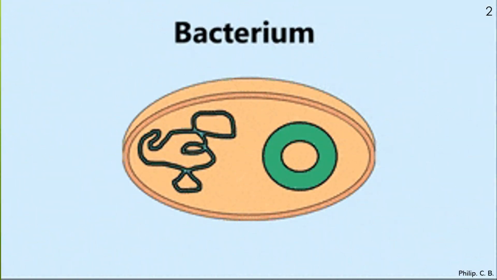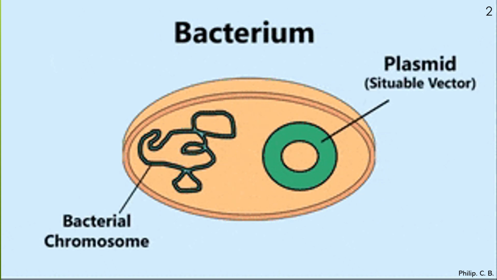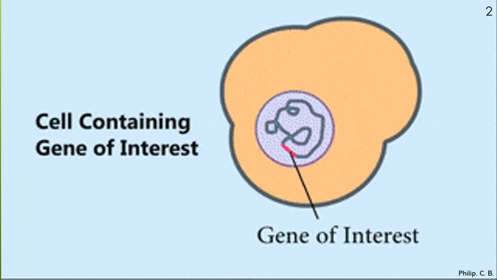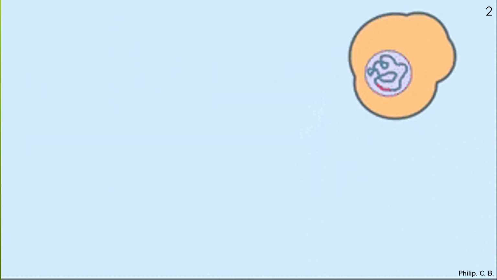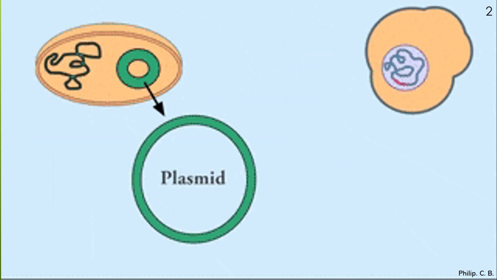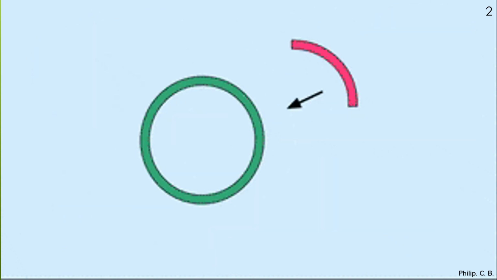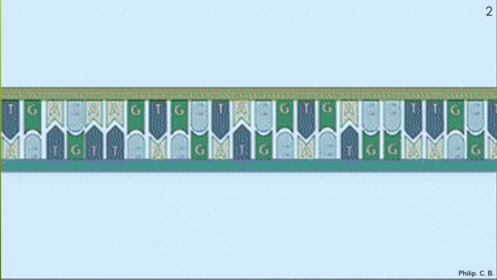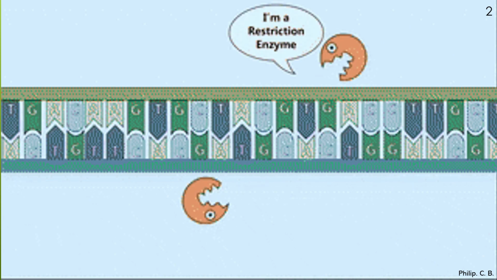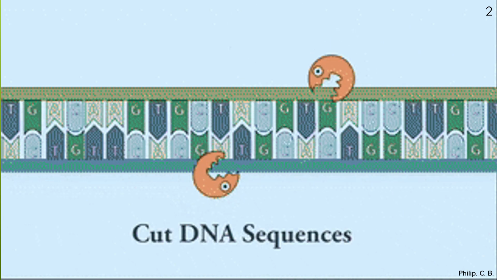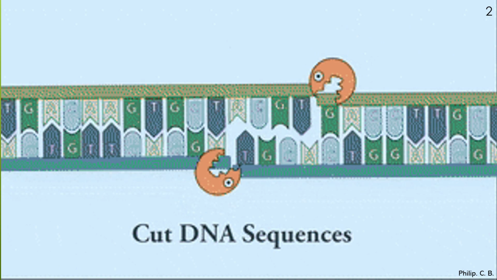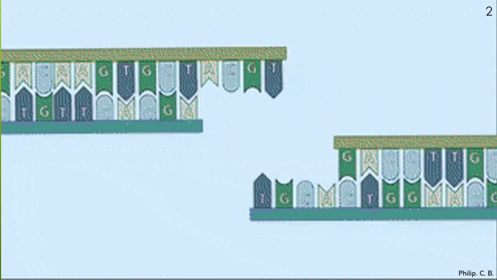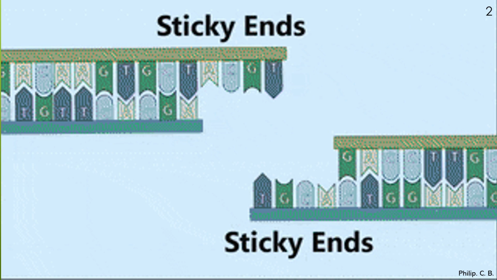you can see the second slide where a bacterium has a bacterial chromosome as well as a plasmid. The cell containing the gene of interest is removed and it is inserted into the plasmid, whereby we can make a new gene by insertion, using the restriction enzyme, as we learned, the biological tool, the scissor.